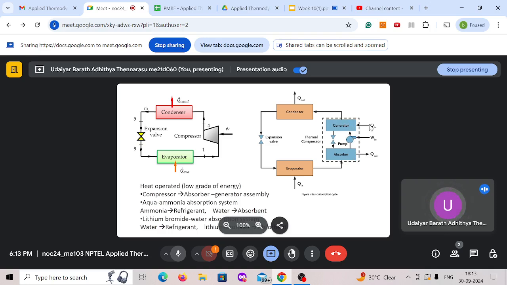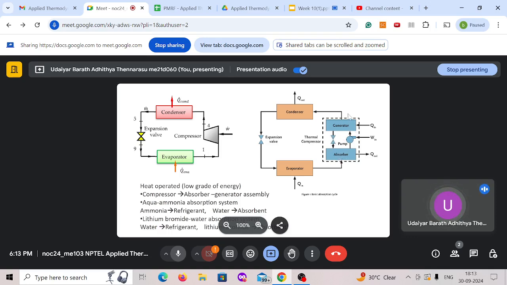In the generator you make use of that excess heat which is available, and you boil off the ammonia, and that ammonia goes through the condenser. The water is now concentrated in terms of water, and this concentrated fluid is then passed through a valve and sent to the absorber.